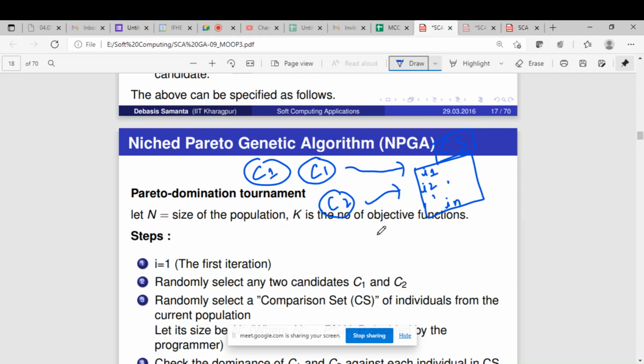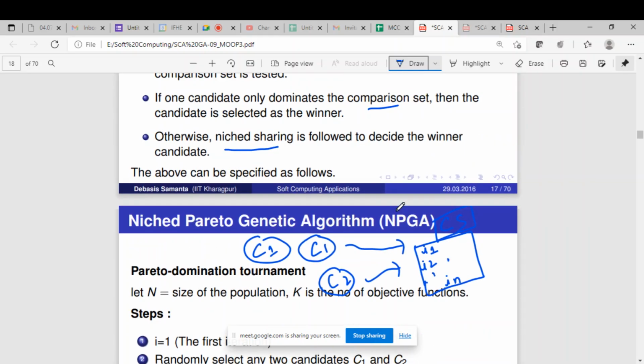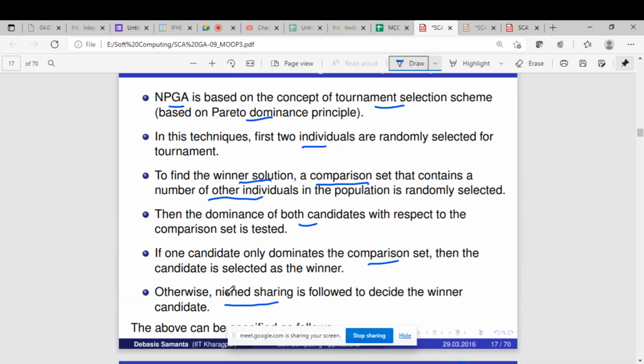The other way around, if C2 is dominating everybody in this set and C1 is not, then we say that C2 is winner. If both C1 and C2 are dominating everybody in this set, then we have to follow a technique to identify who is the winner, and that technique is called niche sharing. The niche sharing technique will identify the winner.